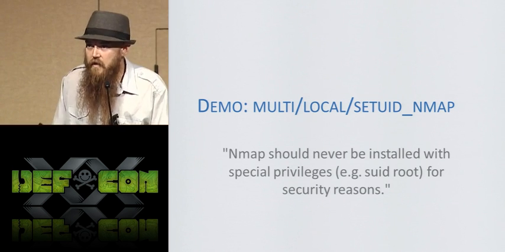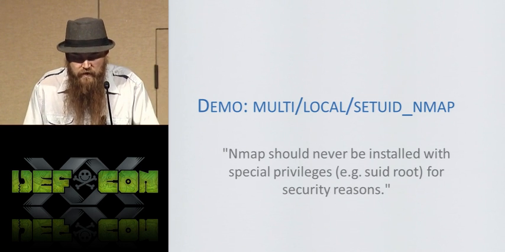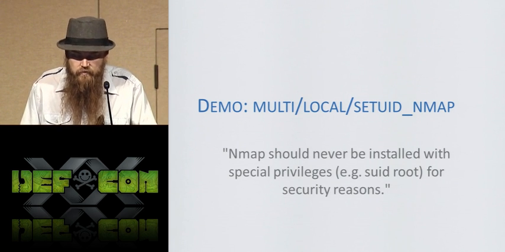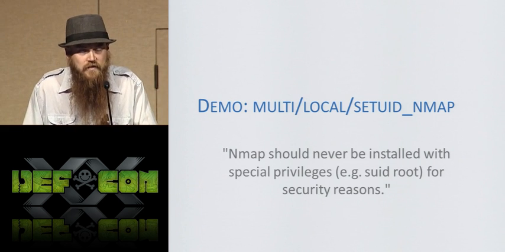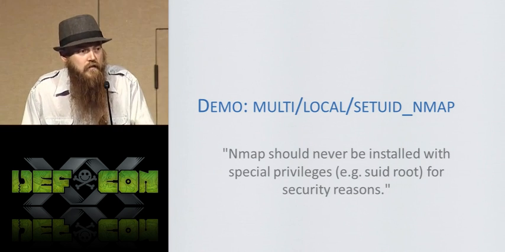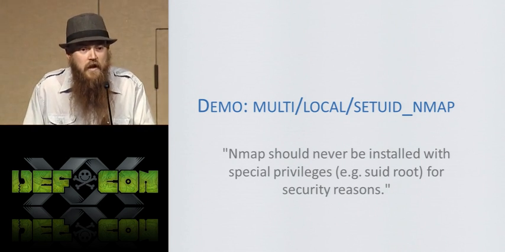Nmap in its man page has this quote right here: Nmap should never be installed with special privileges, e.g. suid root, for security reasons. And some friends of mine mentioned that happens more often than you think. You find boxes with Nmap installed suid root.